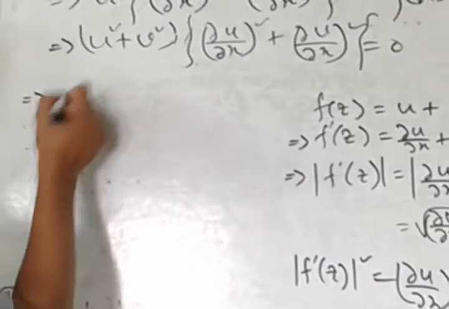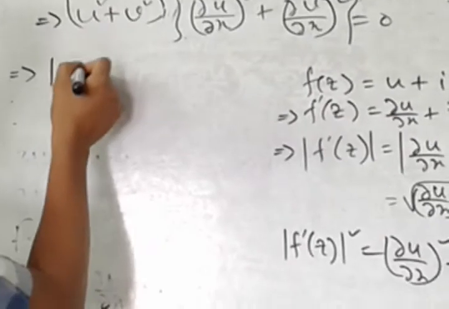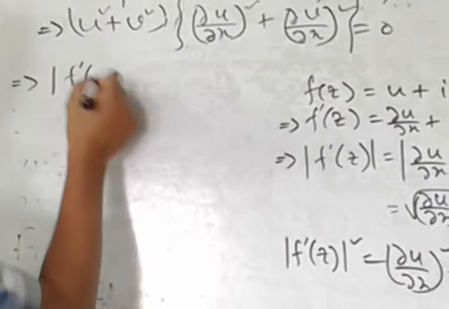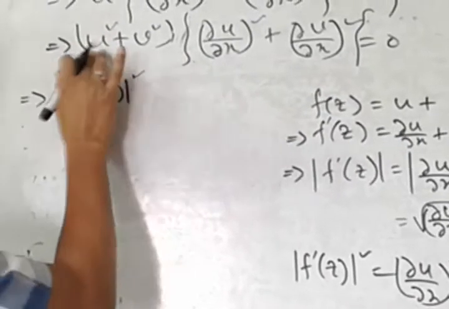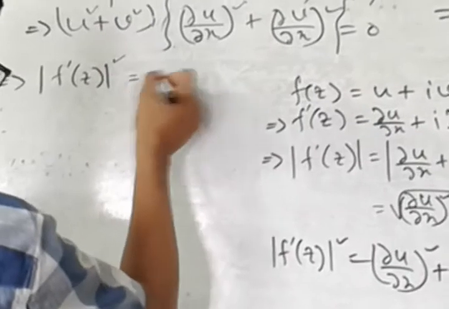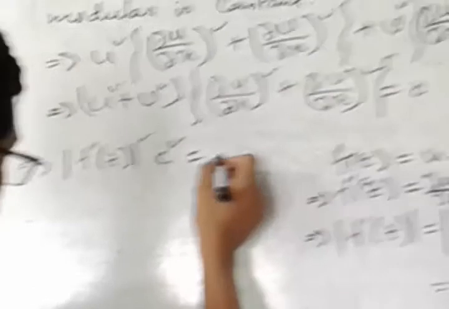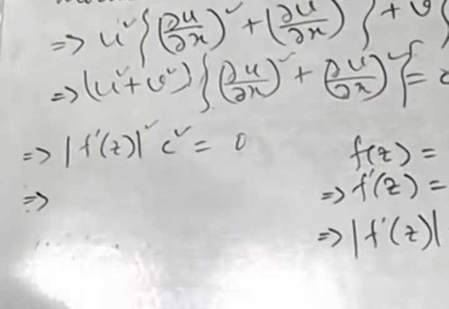You see, mod f prime z square times u square plus v square, which can be written c square, as you know from equation number 1. So we can write down this here.